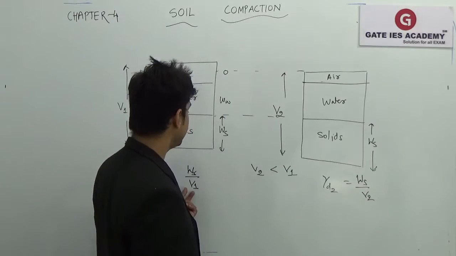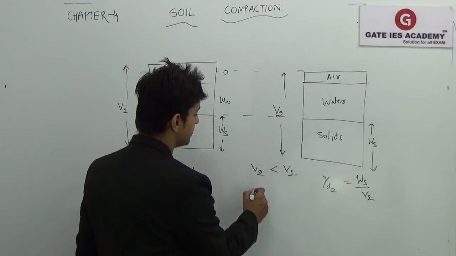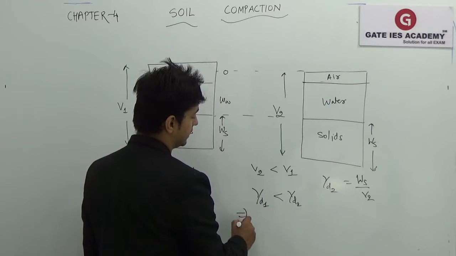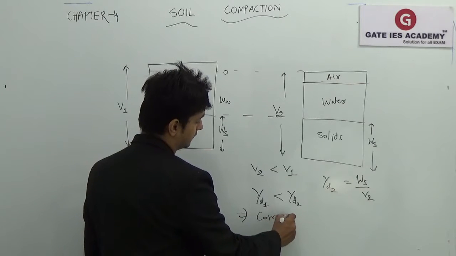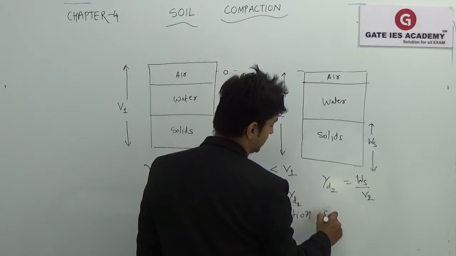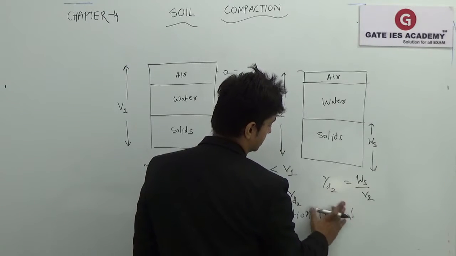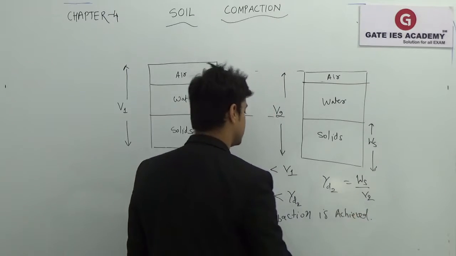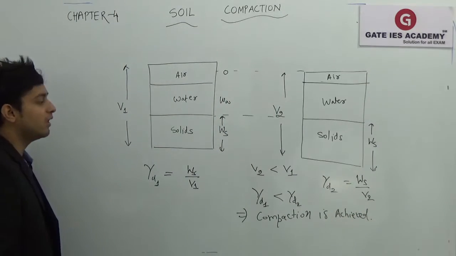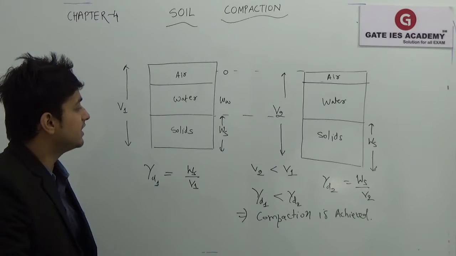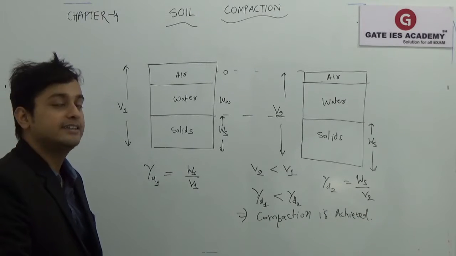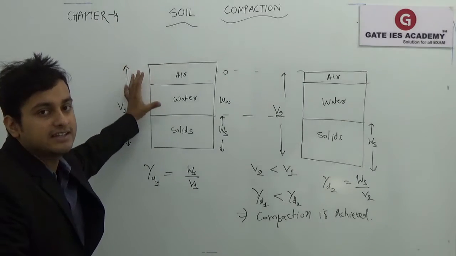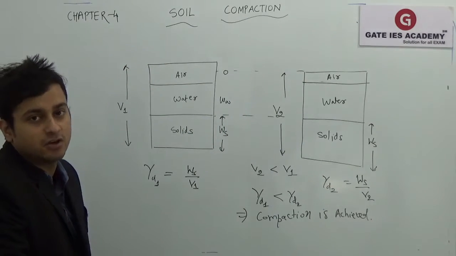So if V1 is greater than V2, obviously my gamma d1 will be lesser than gamma d2, and we'll say that compaction is achieved. Okay, this is how the compaction is done, and this is how we use the techniques of rollers and tampers which try to compress the air voids. This is what the general compaction is all about.